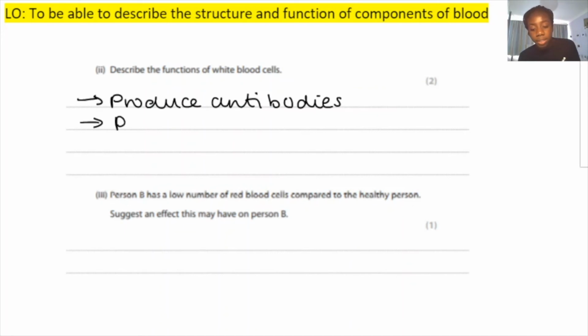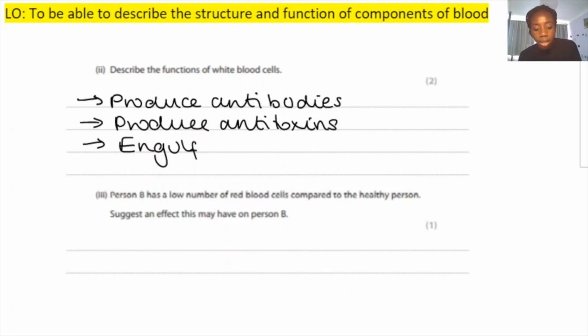So produce antitoxins. And then finally, the other type of white blood cell actually engulfs pathogens. So that's another really important way to put down. So engulf pathogens. And that process is actually known as phagocytosis. So you can even put that down if you'd like.